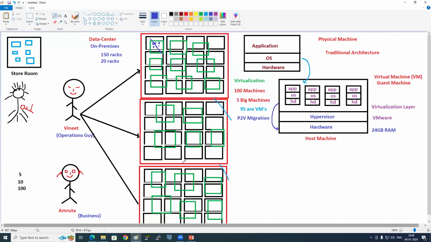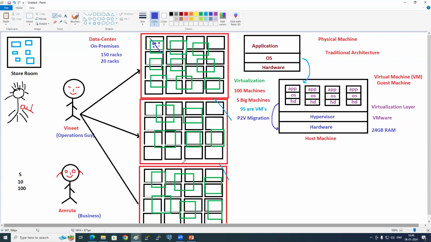And when they started crying, one person came and knocked on the door. They said, yes, come in. And the new person asked, why are you so sad? Vinith said, I'm not able to handle the data centers.